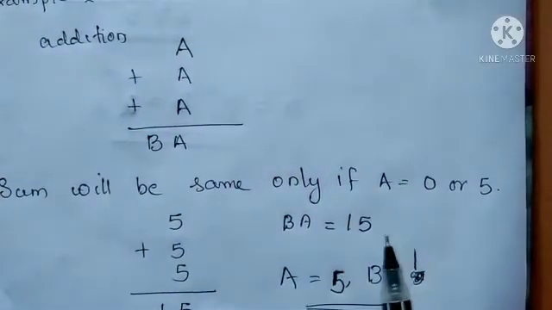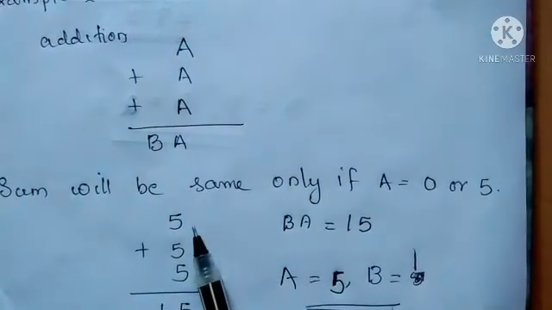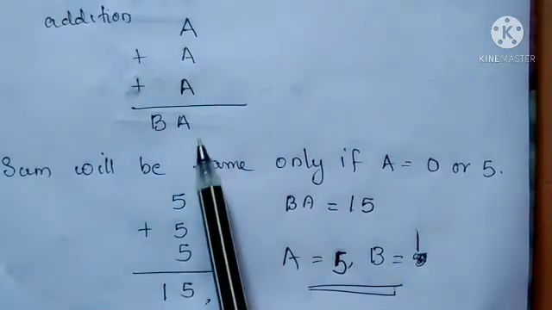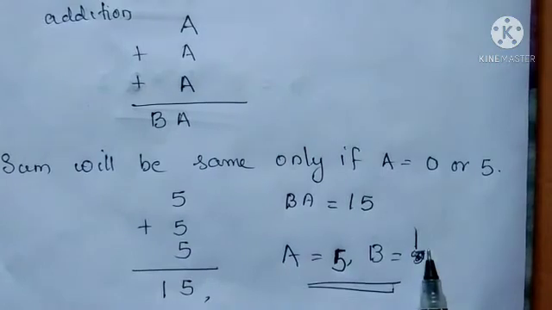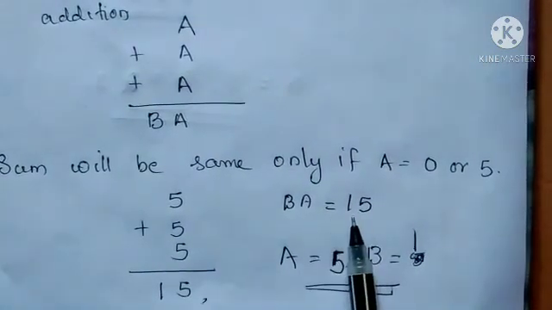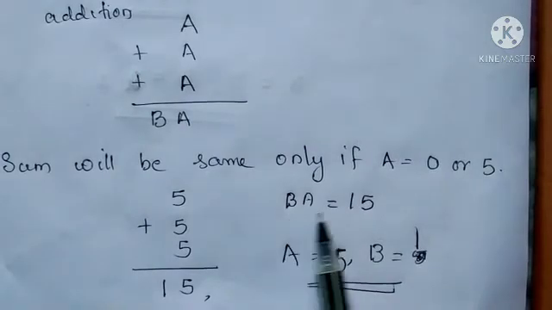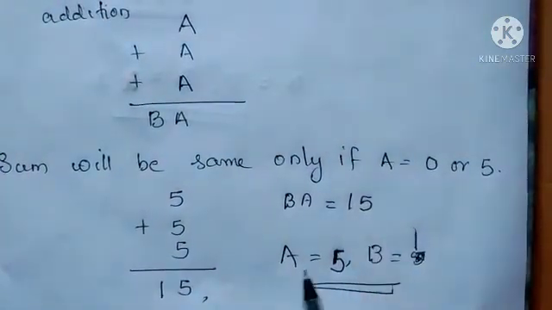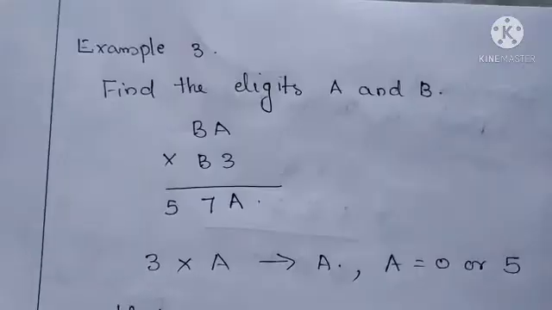So the next chance is A is equal to 5. When added we will get 15. BA equals 15. So in the place of A it is 5, in the place of B it is 1. So we can write A is equal to 5 and B is equal to 1. This is the solution.